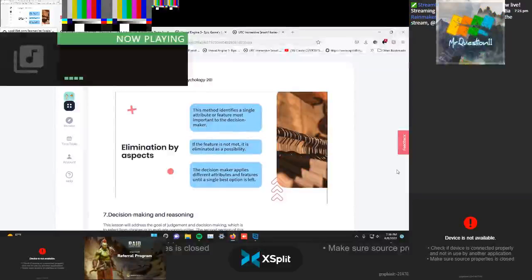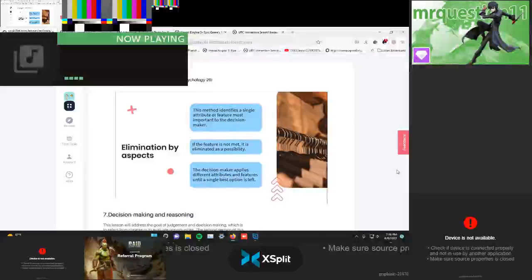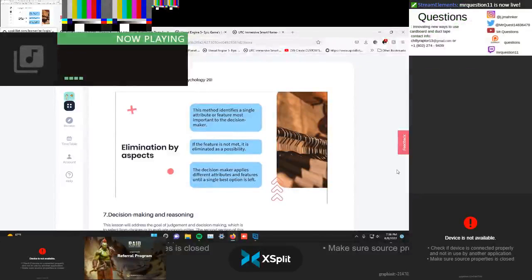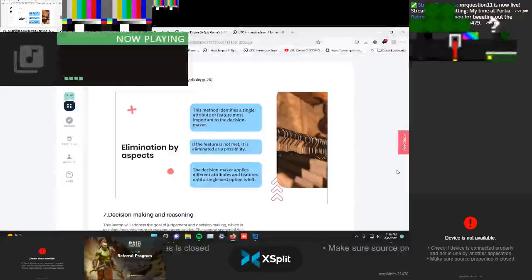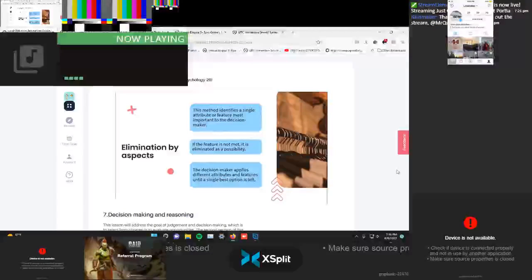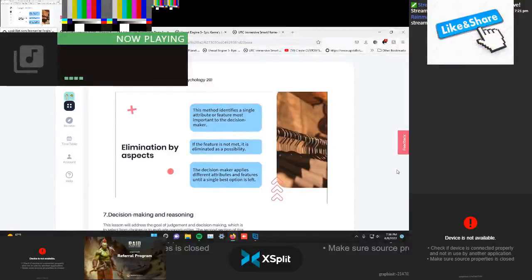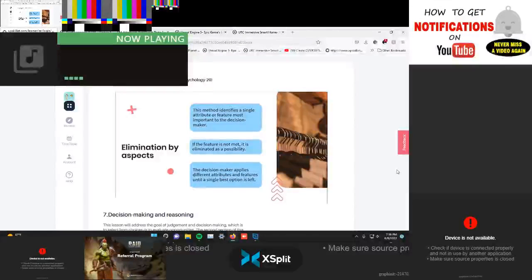So, the car brands with the highest safety ratings will be identified by you, and you will compile a list. The second attribute you might be looking for is gas or fuel usage.